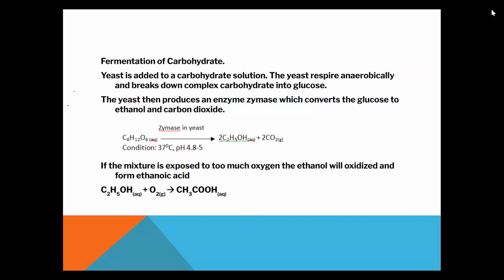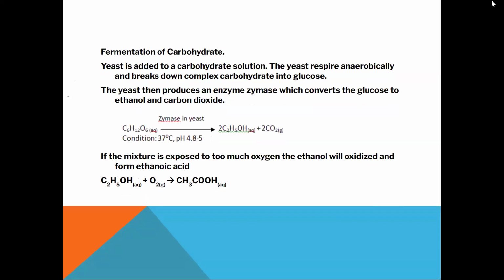So yeast is added to a carbohydrate mixture. The yeast respires anaerobically and breaks down the complex carbohydrates into glucose. So the first thing that the yeast does is convert complex carbohydrate to glucose. And then the yeast will also produce an enzyme known as zymase. Zymase is going to convert glucose to ethanol and carbon dioxide.